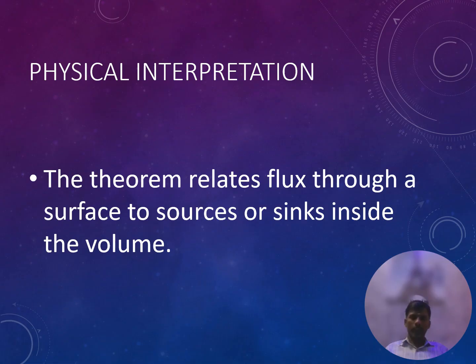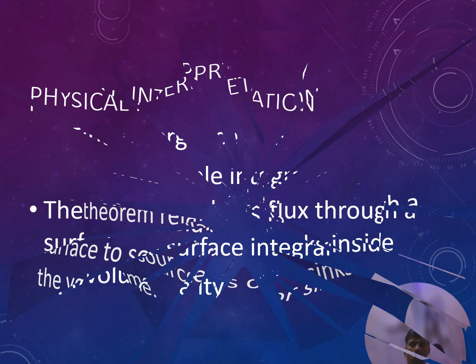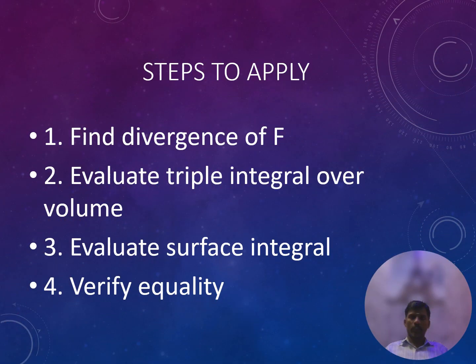Physical interpretation: the theorem relates flux through a surface to the sources and sinks inside the volume. Steps to apply: suppose we want to use the Gauss divergence theorem, these steps must be followed.